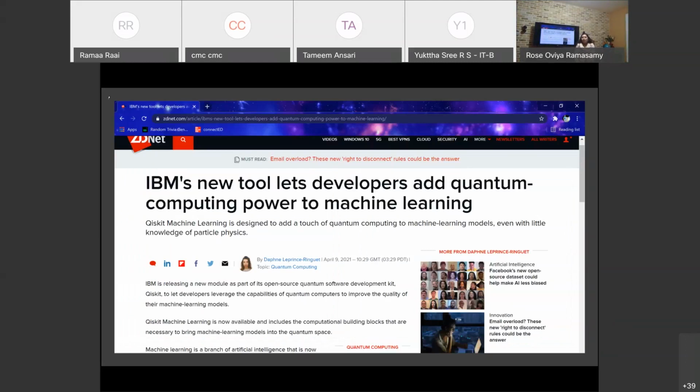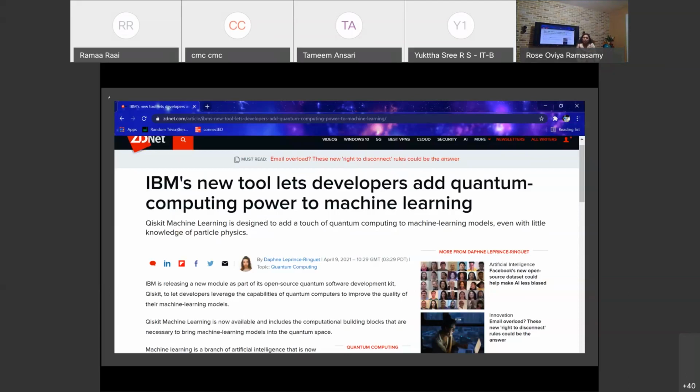IBM's Qiskit Machine Learning allows users to integrate their new quantum neural networks directly into the PyTorch open source machine learning library. The PyTorch library is a Facebook developed platform, which is primarily used for deep learning applications, in case you all need to know what it is.